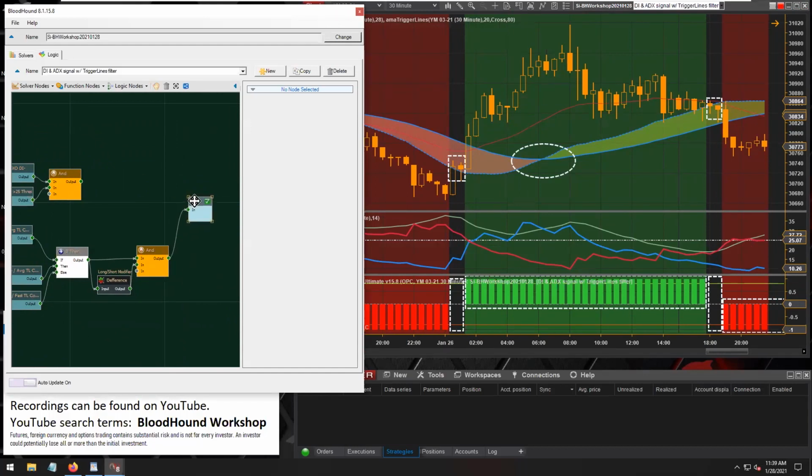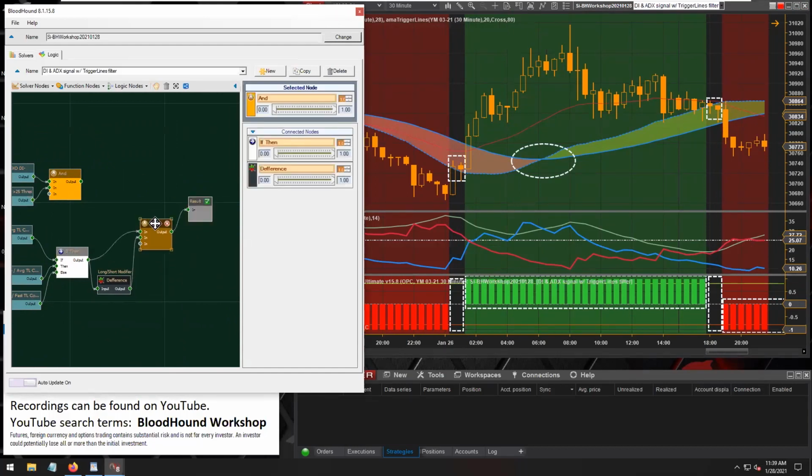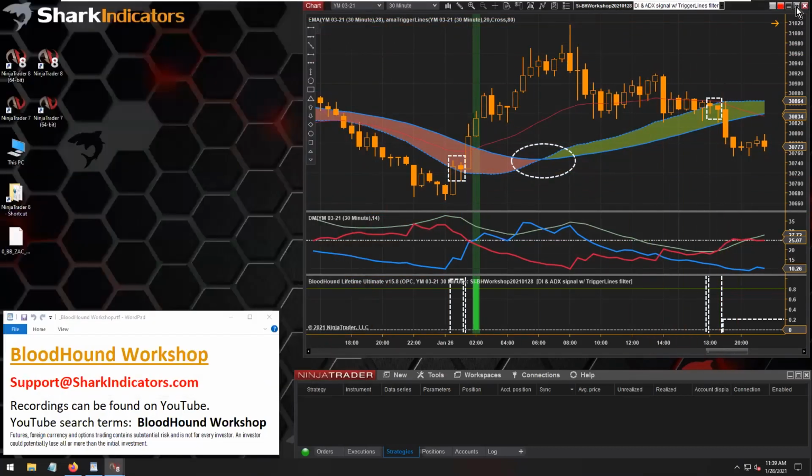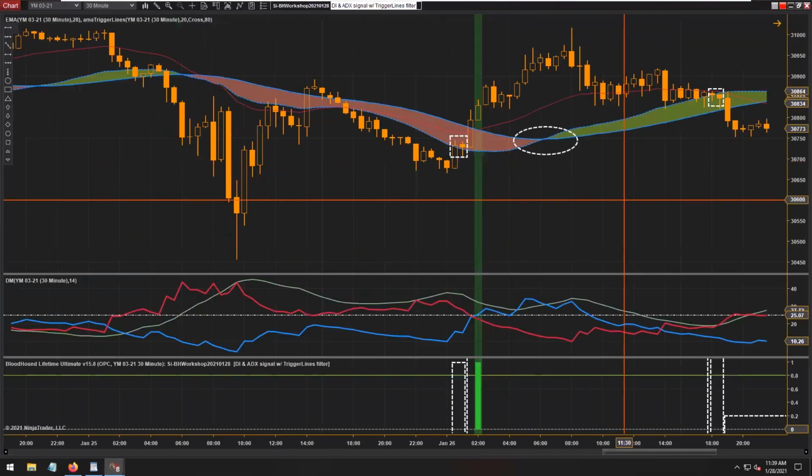So we can now take this and connect it in here, and there is our final result. All right, so let's take a quick look here, just make sure everything looks correct.